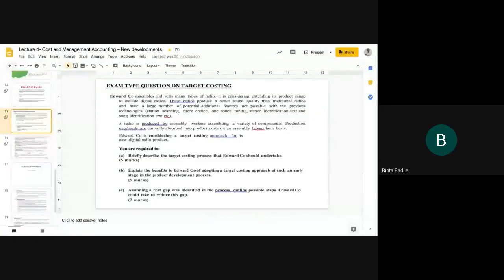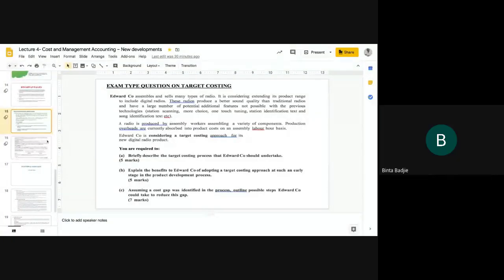Last class, I learned that when you compare target costing with the other costing techniques like absorption and activity-based costing, we would see that with target costing you can determine your market price, that is your selling price.